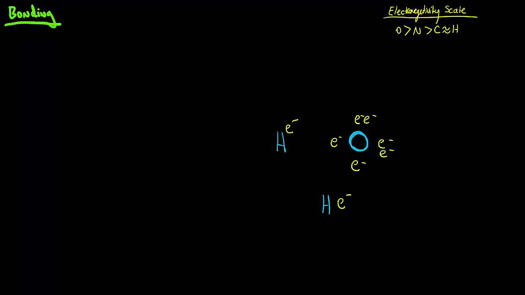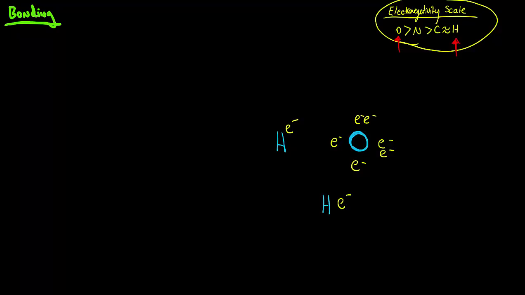So if it's not going to participate in an ionic bond, we need to look at the electronegativity scale, because the electronegativity scale is going to inform us on how to determine whether or not this is going to participate in a nonpolar or a polar covalent bond. So if we're dealing with oxygen and hydrogen, let's look at where those are on this scale. Oxygen is at the high point and hydrogen's at the low point.